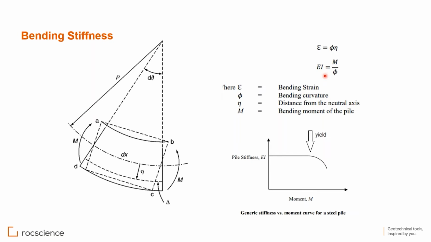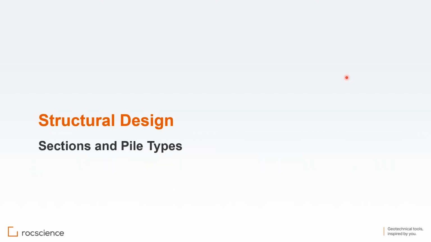And if you have a plastic section, after the bending moment reaches the plastic bending moment, the relation will be easily found. But for reinforced concrete, we will see how this is changing. Due to cracking in concrete, you will have changing bending stiffness with the level of load you are applying.